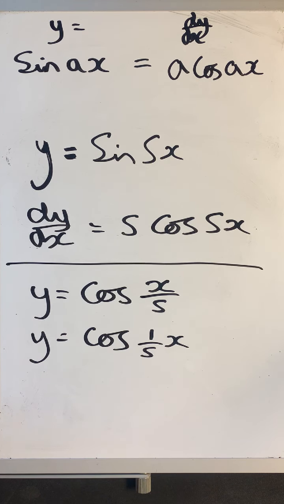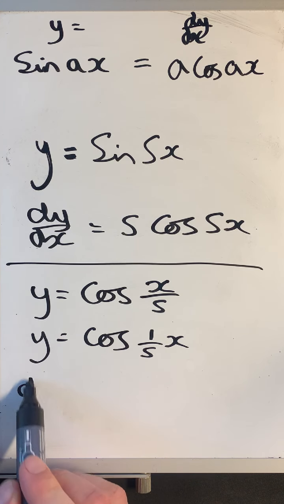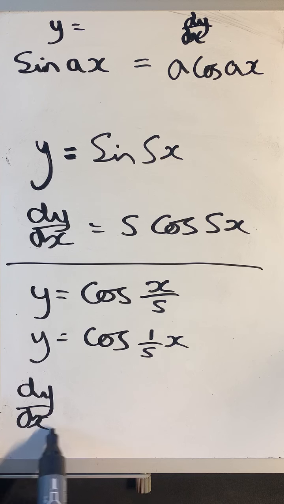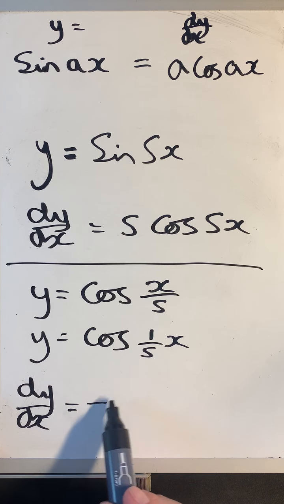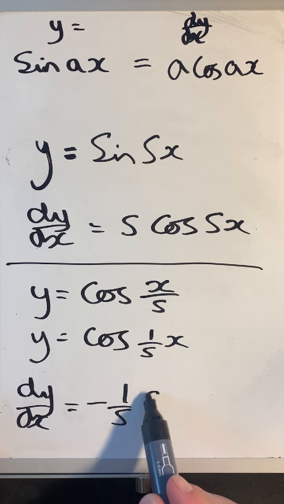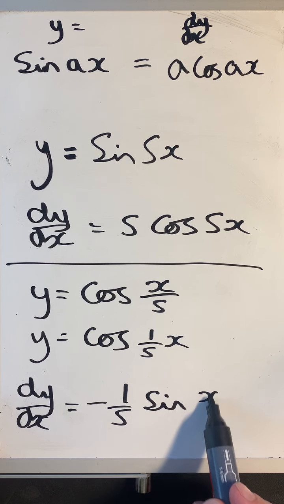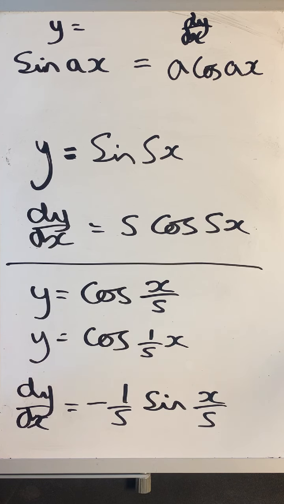Now we can differentiate using that standard derivative. So dy dx is equal to minus a fifth sine x over 5, or you could write it as a fifth x. This is how we differentiate the trigonometric functions.